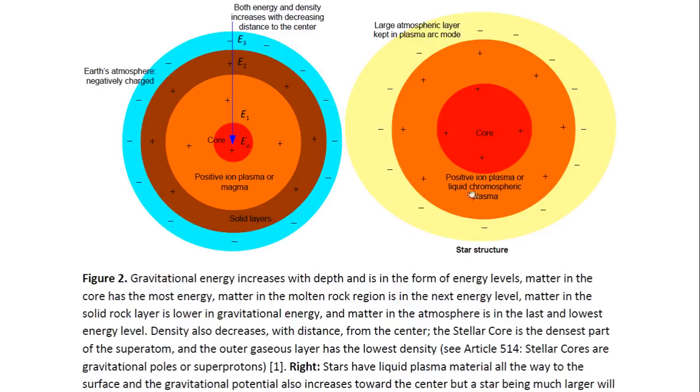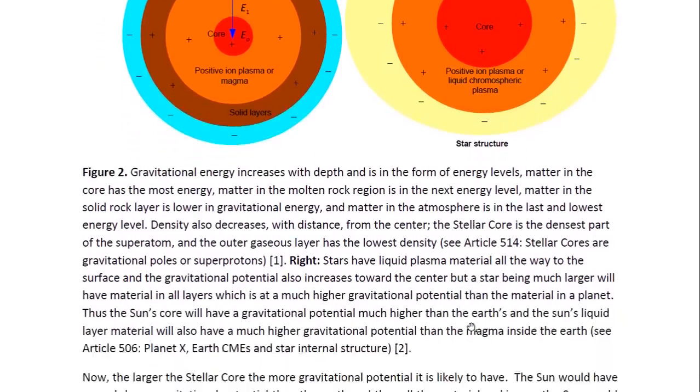Now, with a star, it's similar, except stars are much larger objects, so all the material would have a much higher gravitational potential than the material that comprises a planet. But also stars have a liquid layer, which we can call the chromosphere, that goes all the way to the surface, and then they have a gaseous atmosphere.